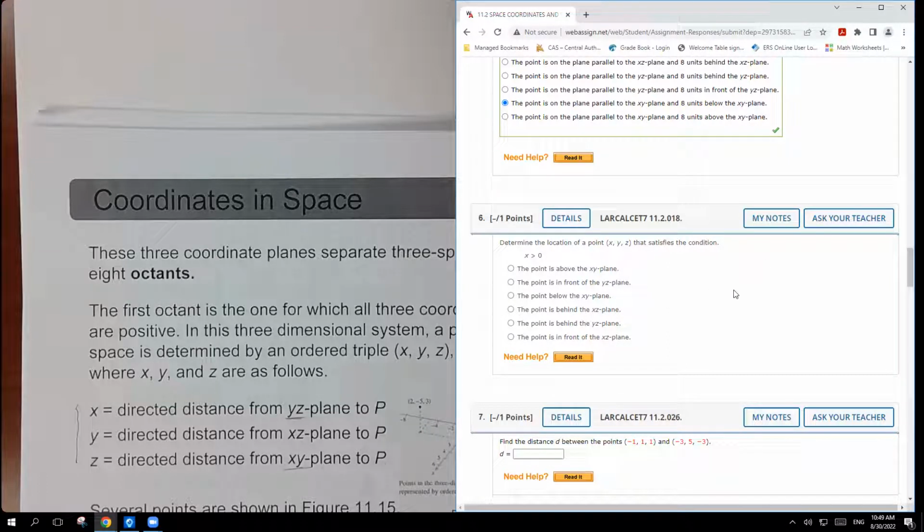Think about that. X is greater than 0, so it'd be dealing with the YZ plane, because they give you the X coordinate. Is it going to be in the front or behind? It would be in front. So we have to choose, the point is in front of the YZ plane. So this one.